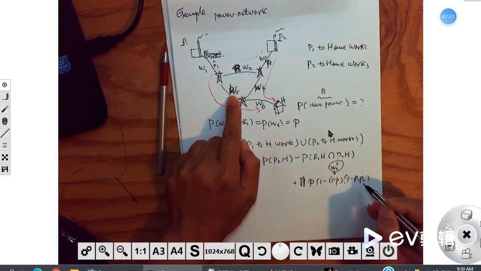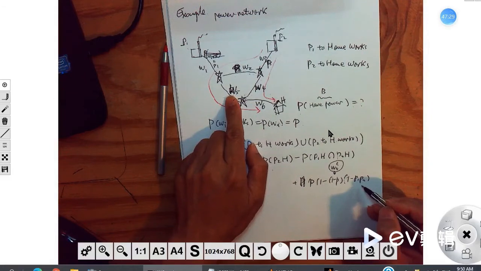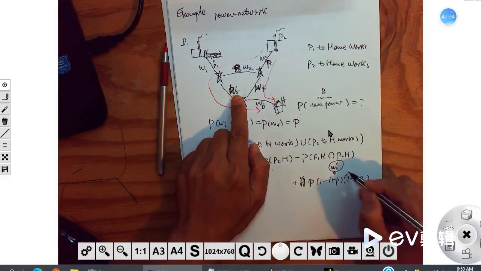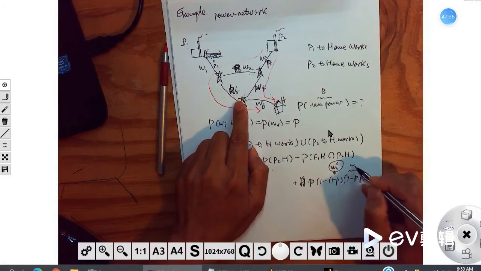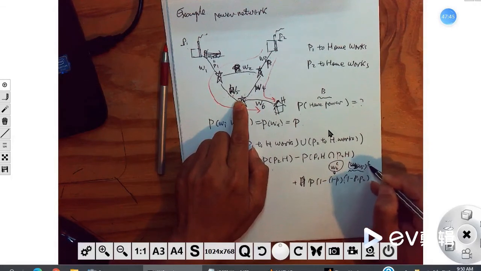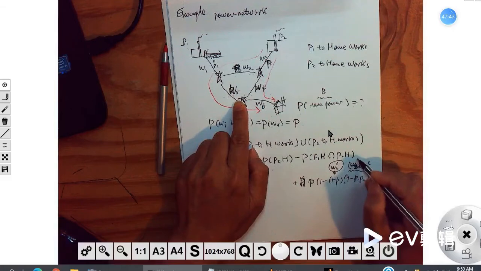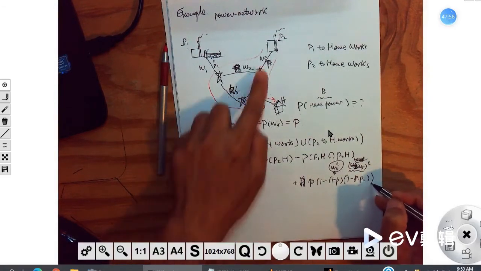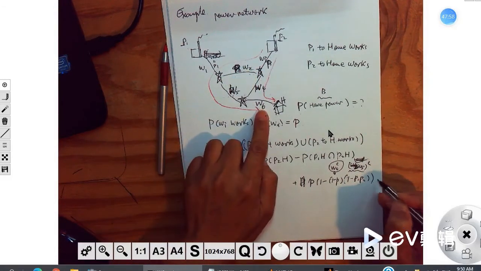P1, P2 is both works. Minus it is the whole thing doesn't work. So this is W5, W4 and the W2 and the W5 doesn't work. W2 and W5 doesn't work. Yeah, this path W2, W5 doesn't work. Okay, so this is this part, and then another P.